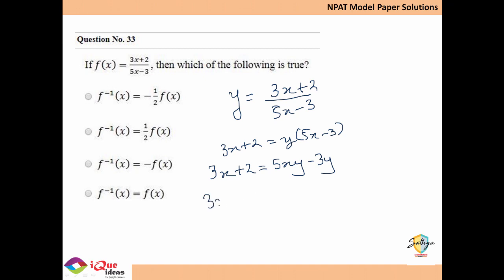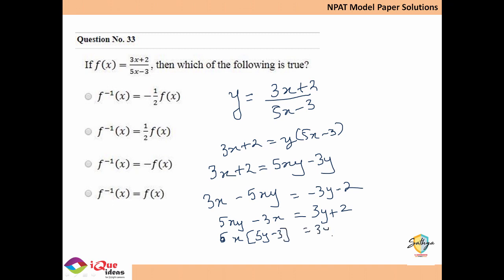So I get 5xy minus 3x is equal to 3y plus 2. Taking x common, I get x(5y - 3) is 3y + 2. So the value of x is (3y + 2)/(5y - 3). In short, the value of f inverse of x is (3x + 2)/(5x - 3).